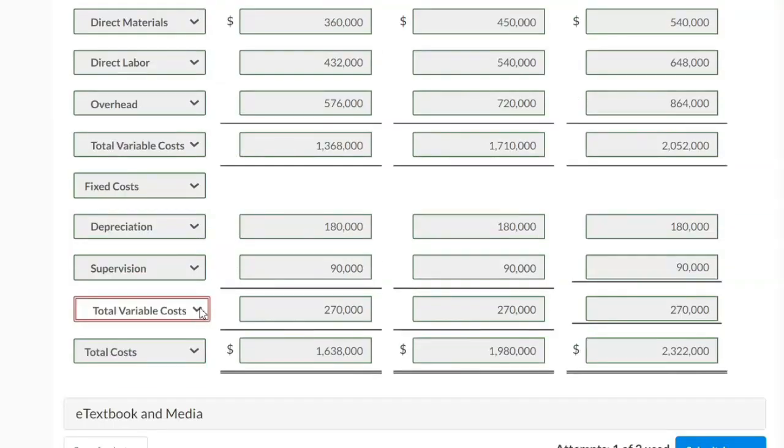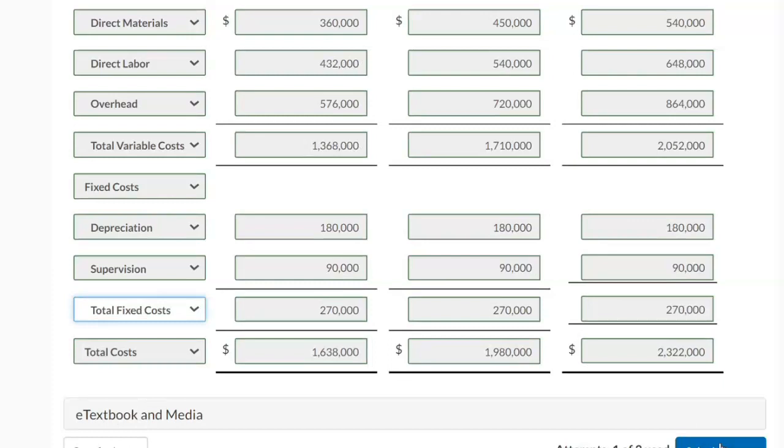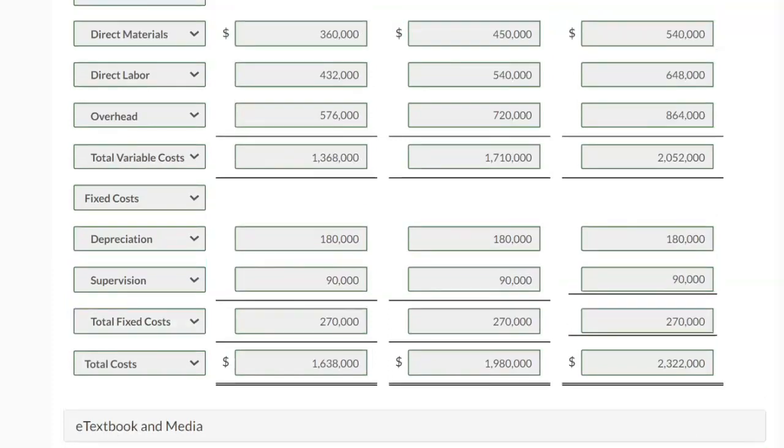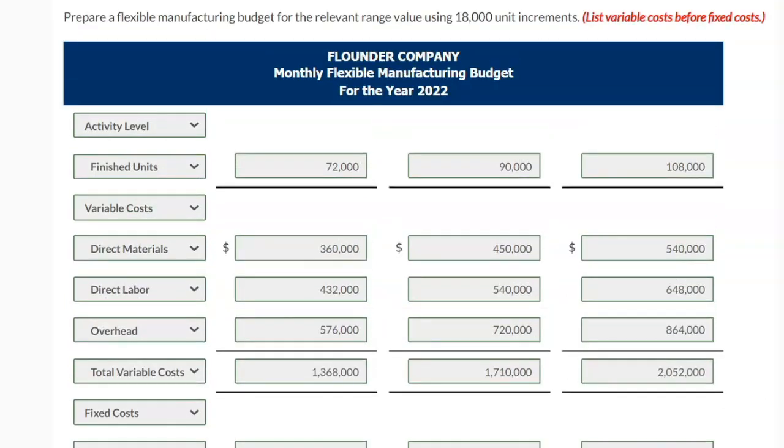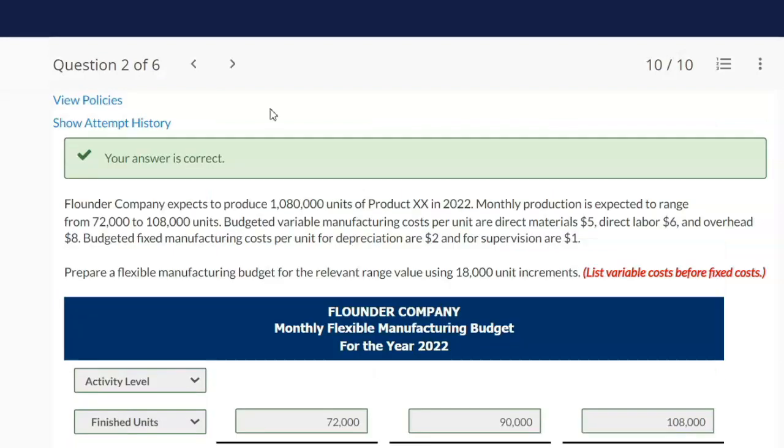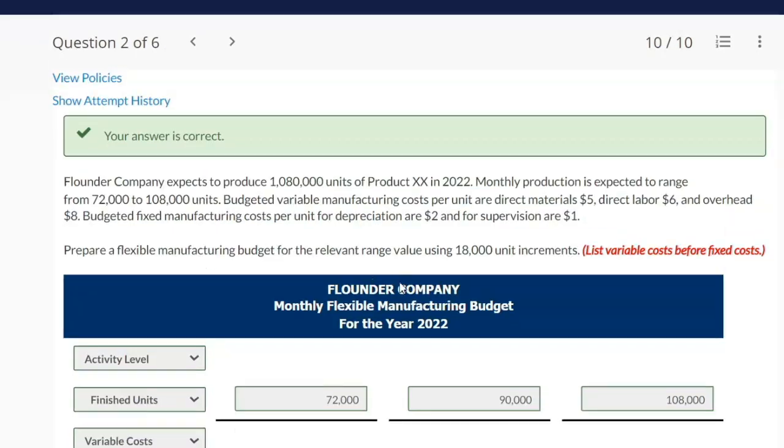Sorry, I clicked total fixed cost. All right, we got that right. I hope everyone got the same. The numbers would be different, but the process is the same.